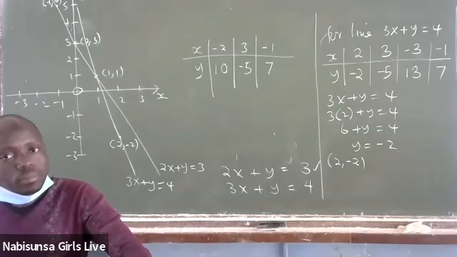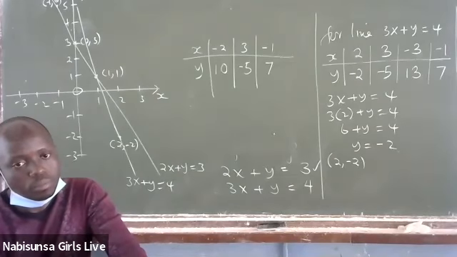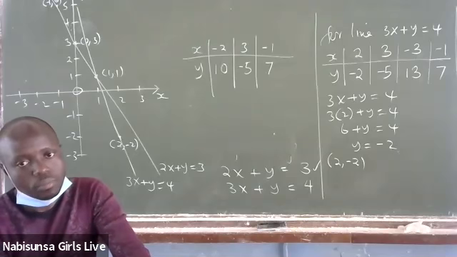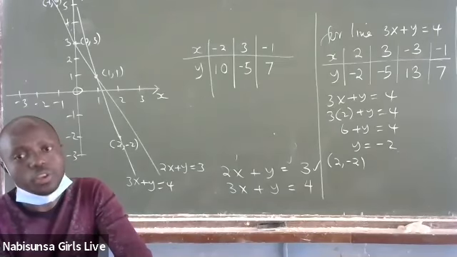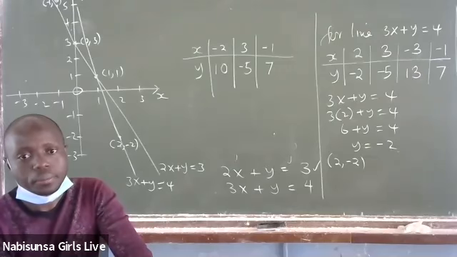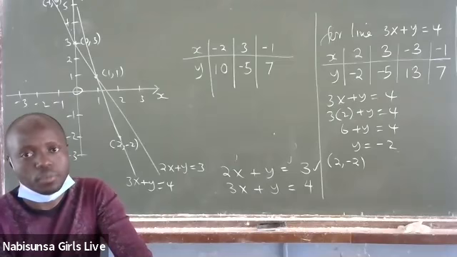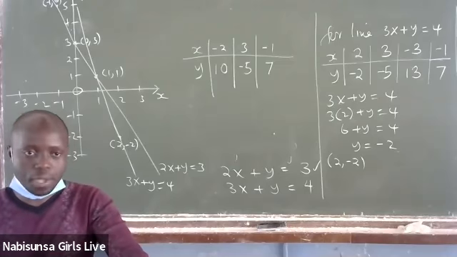I was asking whether they can ask the values of y and then you have to find the values of x. What if they inverse and ask the values of x when the values of y are given? Here we are looking for the value of x and the value of y. When you finish drawing your 2 lines on the same graph, they will meet somewhere.